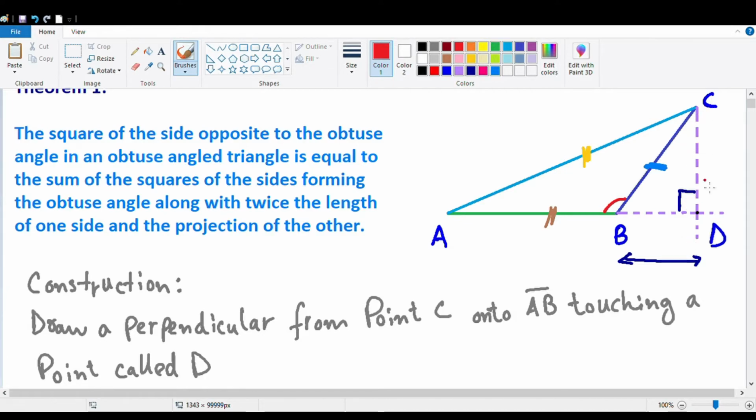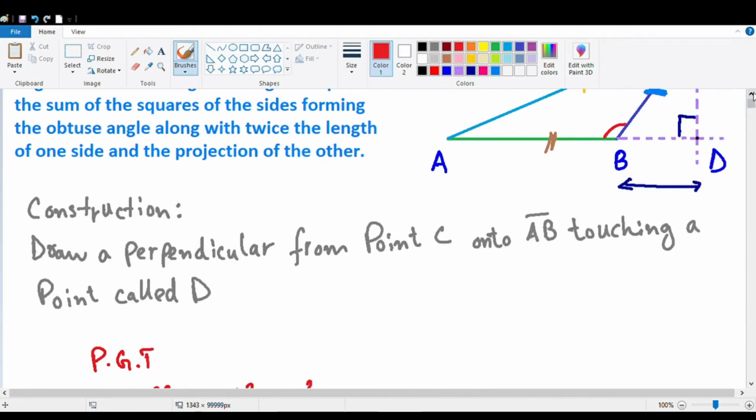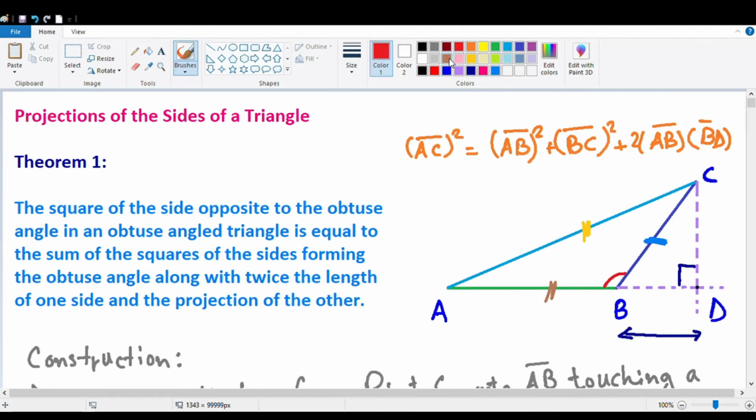In this case, that's CD. So we're going to say P for short, for perpendicular. I'm just telling you what the hypotenuse is. This is the hypotenuse, this is the base, and this is the perpendicular with P.